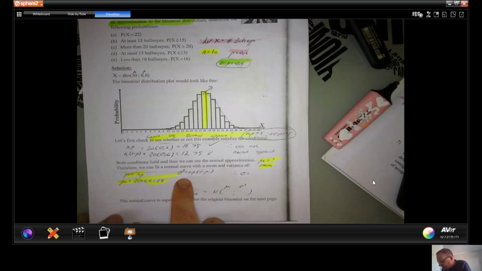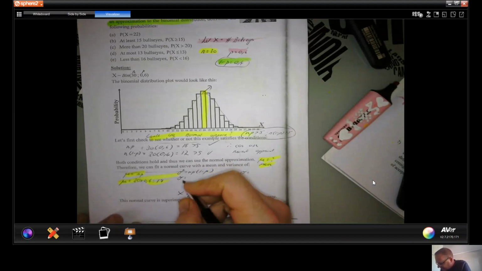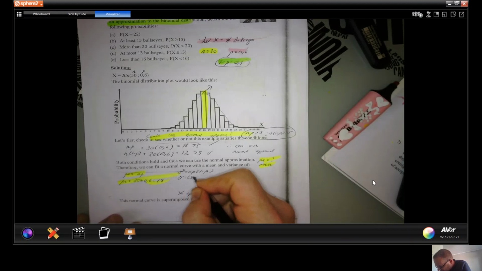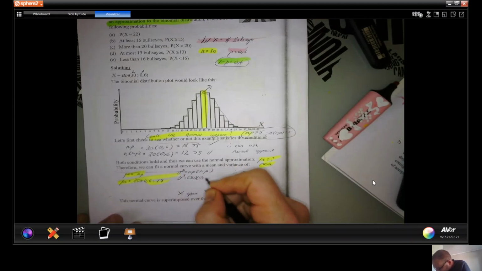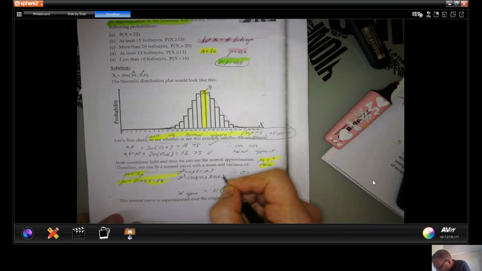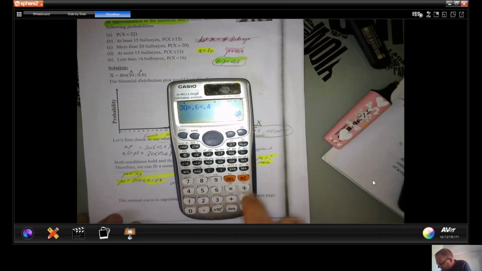Okay, and my variance is np(1 minus p), which in this case is going to be n is equal to 30, p is equal to 0.6, and 1 minus p is 0.4. So if I go work that out, 30 times 0.6 times 0.4, I'm going to get 7.2.